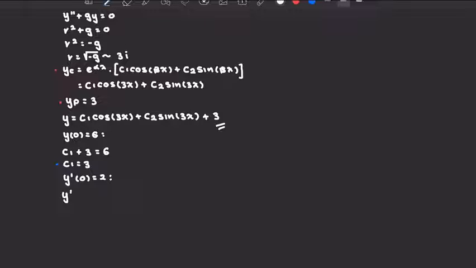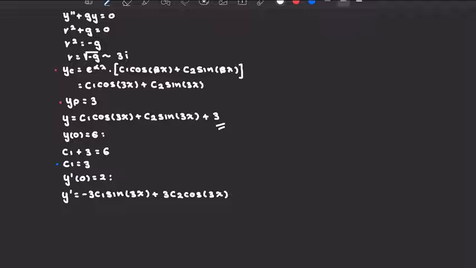So the derivative of y is C1 times cosine of 3x, which gives negative 3 C1 sine of 3x, plus C2 sine of 3x, which gives 3 C2 cosine of 3x. The 3 vanishes because the derivative of a constant is just 0.